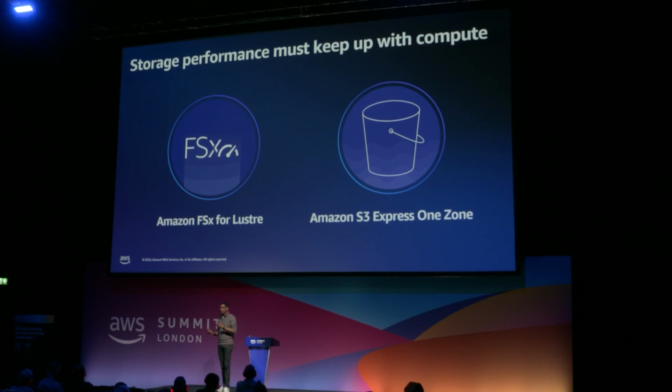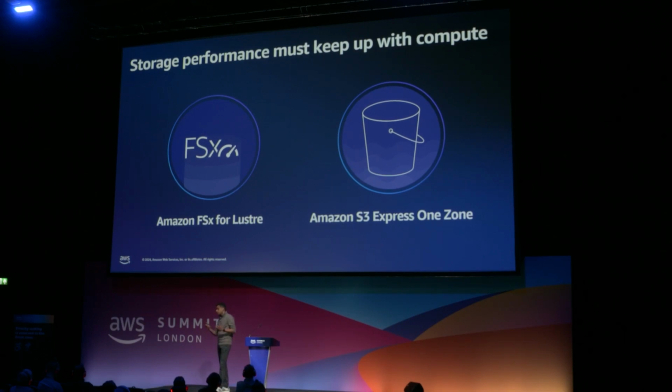So for example, S3 Express One Zone will offer you single-digit millisecond latency when it comes to delivering that first byte, right? And it's super critical to have such a storage system that can keep your GPUs saturated so you get the best out of your GPUs.